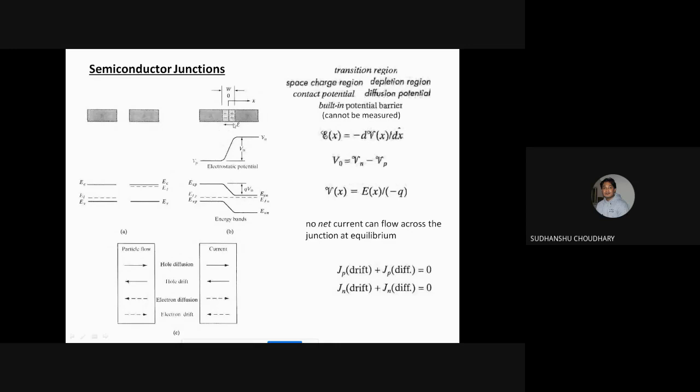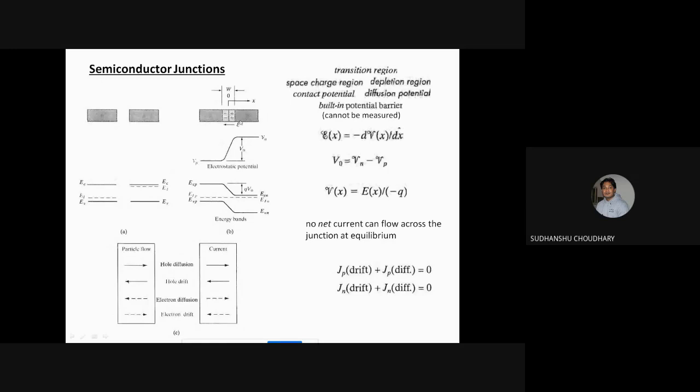So this electric field cannot stop these electrons and holes from diffusing across the junction, right? This energy band model assumes that the diffusion can come to a stop, or that there may be a hurdle for electrons and holes to diffuse, and that hurdle is this energy barrier. But actually here the electrons and holes will diffuse until there is a concentration gradient.